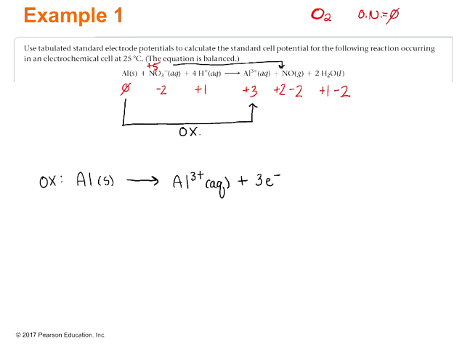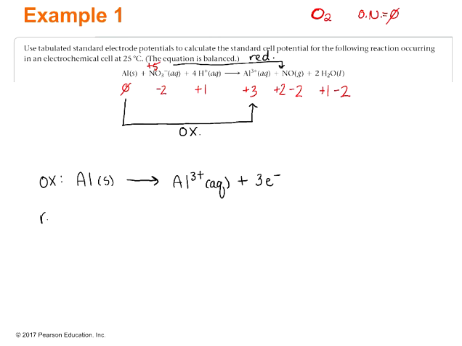So is nitrogen losing or gaining electrons? So its oxidation number is becoming less positive. So it's gaining electrons. So is it oxidized or reduced? It's reduced.